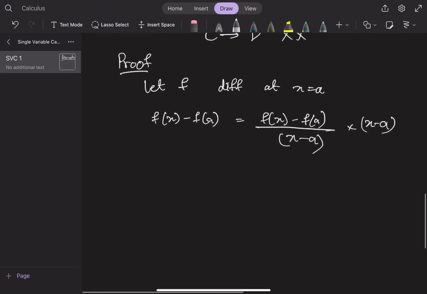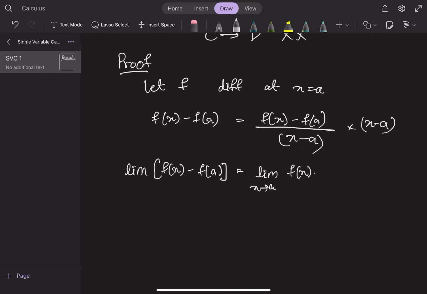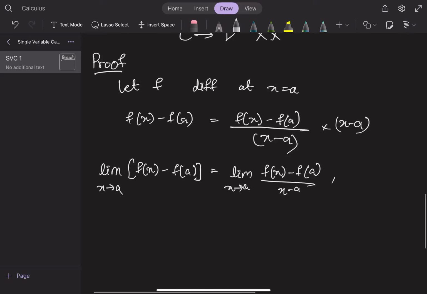So now let's take limit on both sides. So limit of f of x minus f of a is limit of x tends to a, f(x) minus f(a) divided by x minus a into limit x tends to a, x minus a.